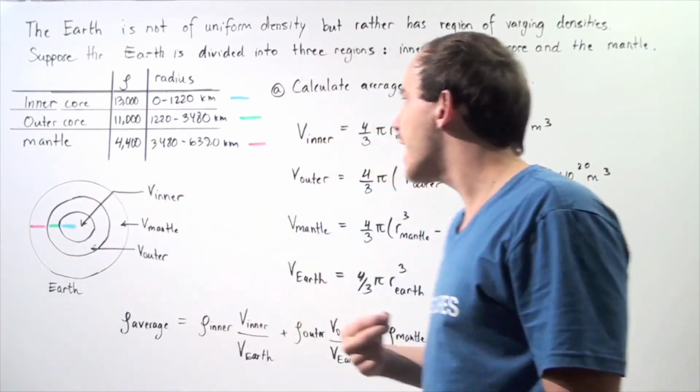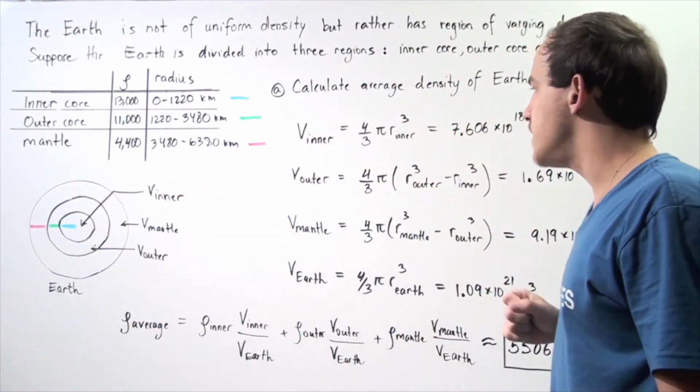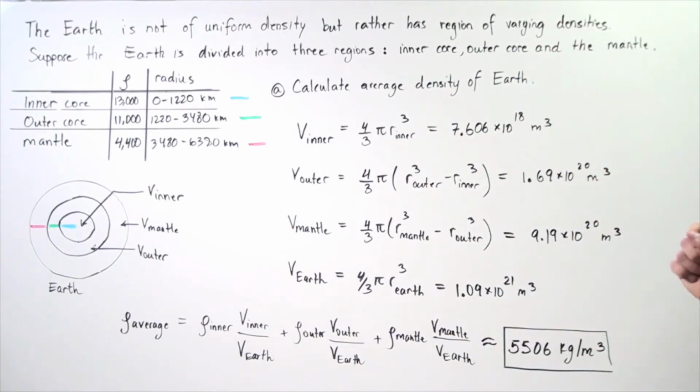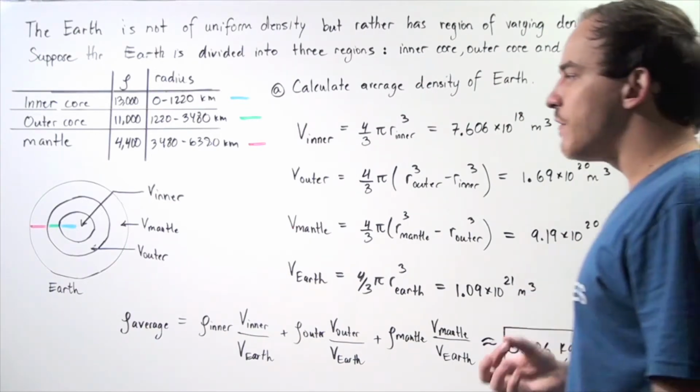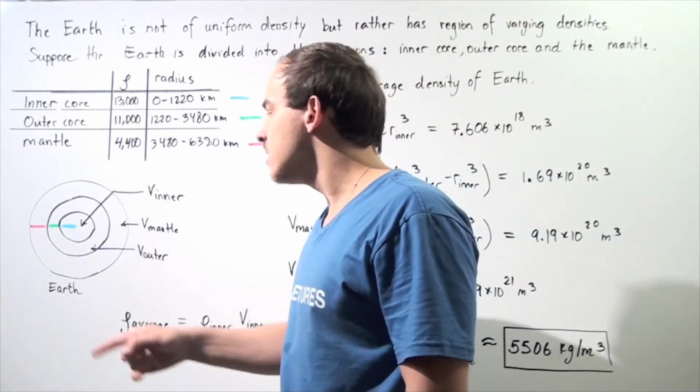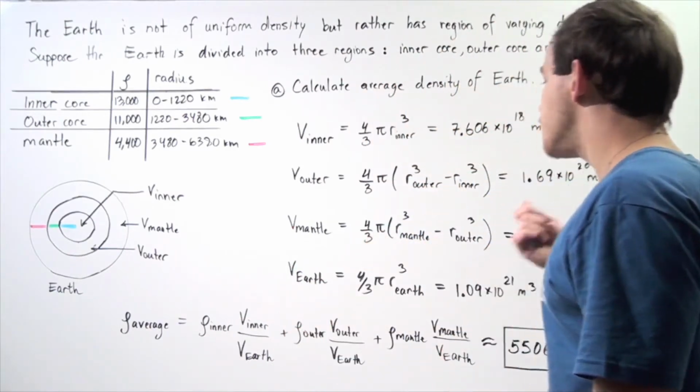And then we subtract the volume of the inner sphere, and we get a value of 1.69 times 10 to the 20 meters cubed. And finally, to find the volume of the mantle, we follow the same exact procedure.